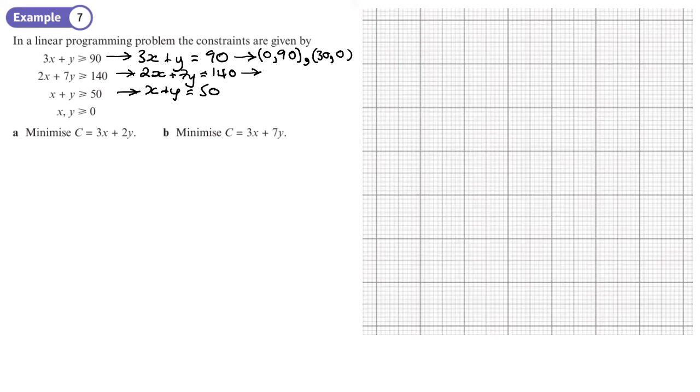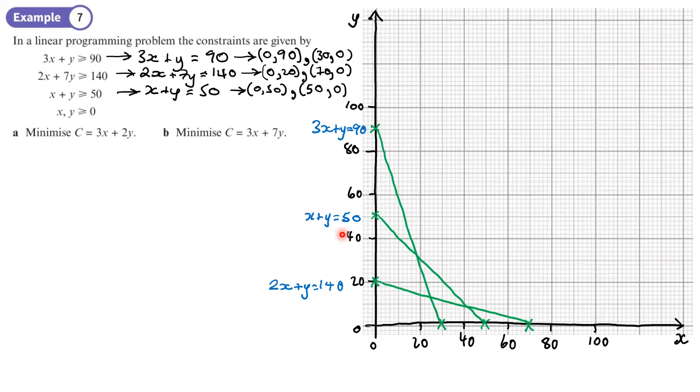For this one here, I will make x equal to 0, which means that y is 20, and then I'll make y equal to 0, which means that x is going to be 70. So it looks like I'm probably going to have to go up to about 100 on both, and this one here I would have 0, 50 and 50, 0. So these are the 3 lines drawn and labelled.